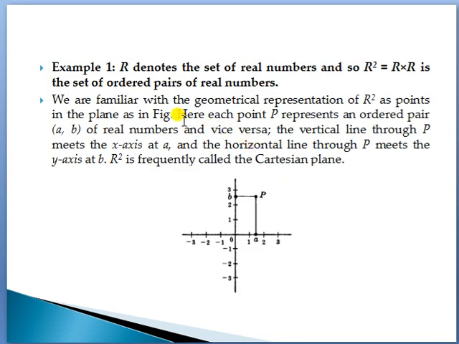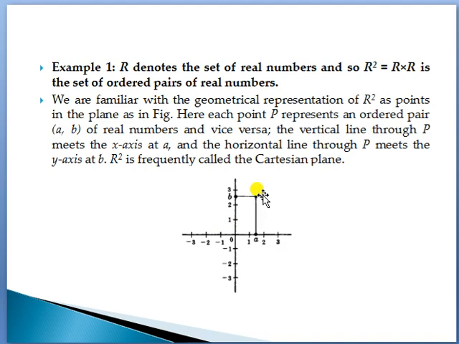Let us consider an example. Suppose capital R denotes the set of real numbers. Then R square is R cross R, that is, the set of all ordered pairs of real numbers. That is the usual Cartesian product of the real numbers in mathematical terms. We are familiar with the geometrical representation of R square as the points in the plane, shown in this figure.